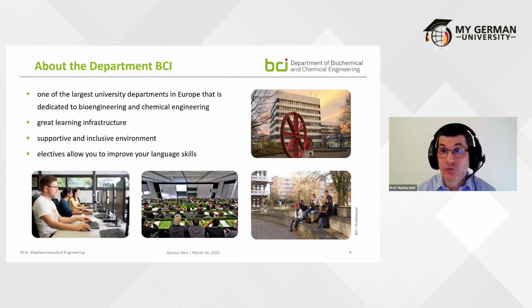And it is one of the largest university departments in Europe that is dedicated to biochemical and chemical engineering. In my opinion, we provide really a great learning infrastructure with a very large number of laboratories for our students, computer pools, and our department is also very proud about its welcome culture. So we are trying really hard to provide a supportive and inclusive environment for our students.